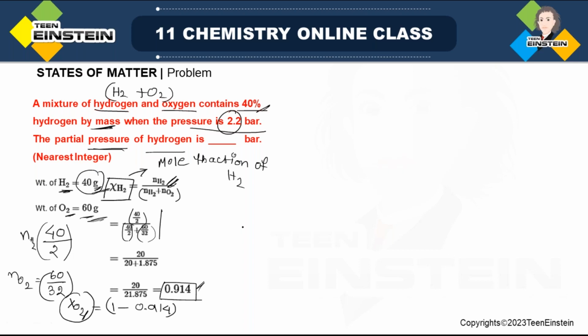You also know the mole fraction of H2. So the rest of the work is very simple. Partial pressure of hydrogen is mole fraction of hydrogen into total pressure. So 2.2 multiplied by this gives 2.01, nearest integer is 2. So the answer is 2. It is an integer type of problem.